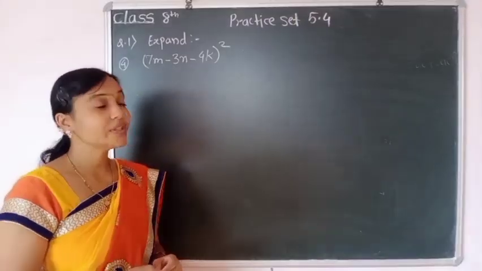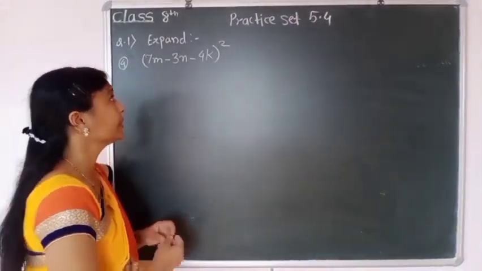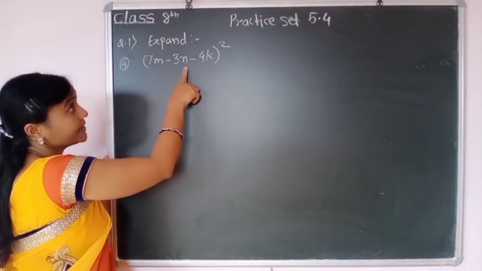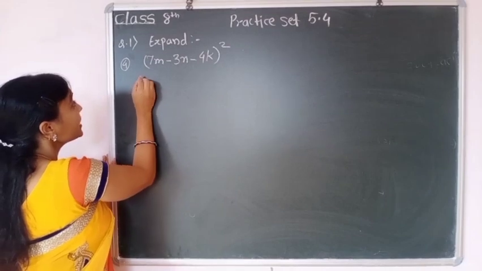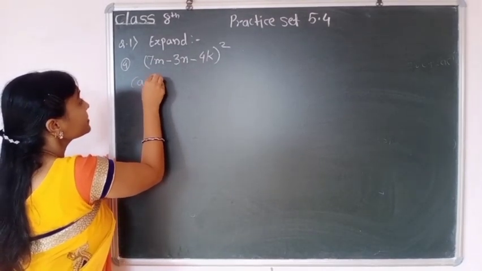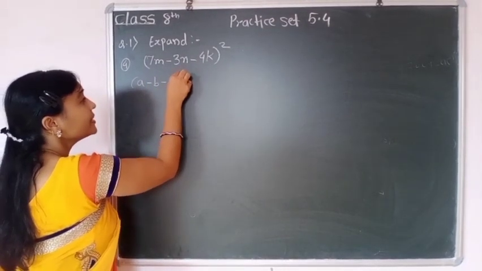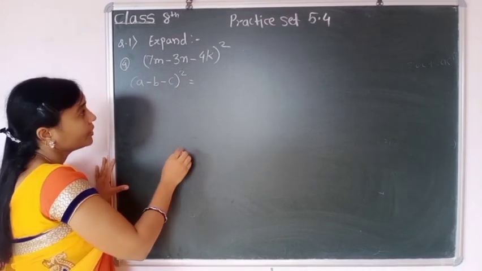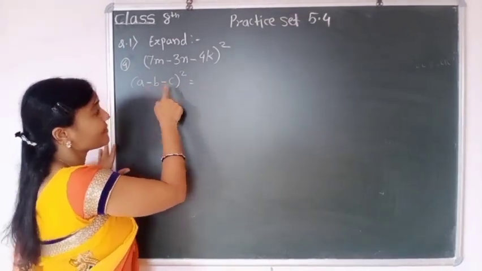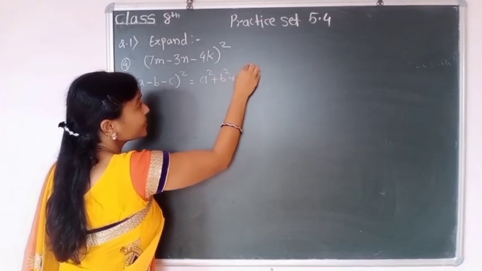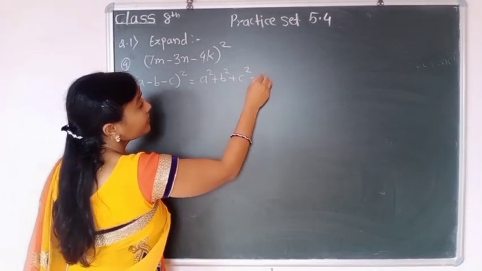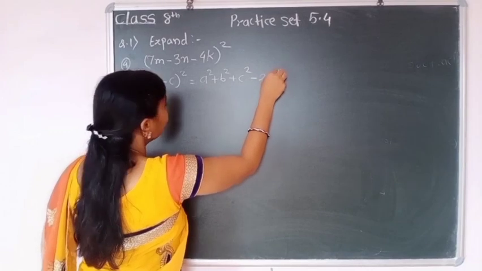Okay. Now we see example number 4: (7m minus 3n minus 4k) square. Then we use here (a minus b minus c) square. So how to make the formula? Minus minus sign: a square plus b square plus c square minus twice ab.